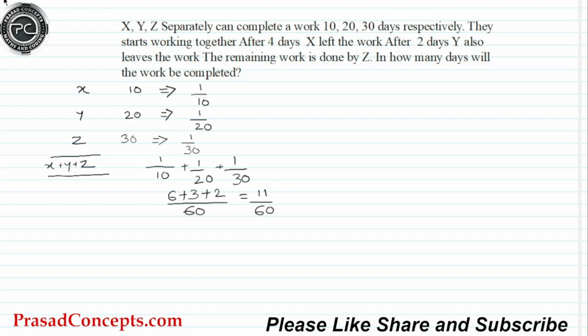Now, according to the problem, they have worked for 4 days altogether. After 4 days, X has left. So their 4 days work will be 11 by 60 into 4, that is 44 by 60.